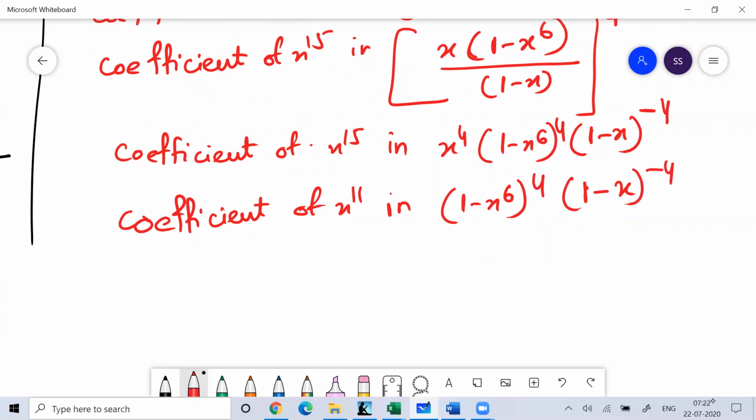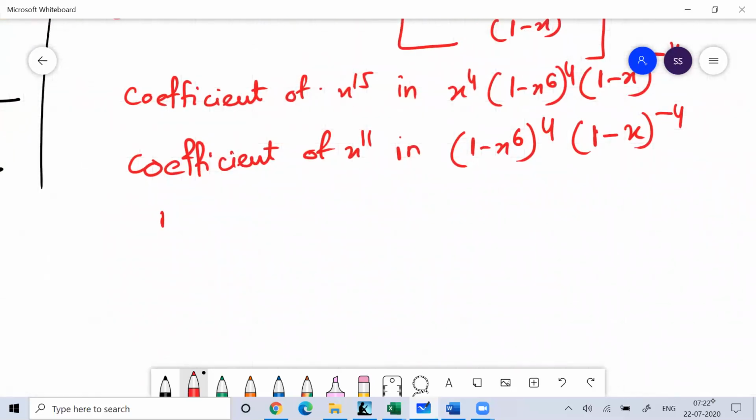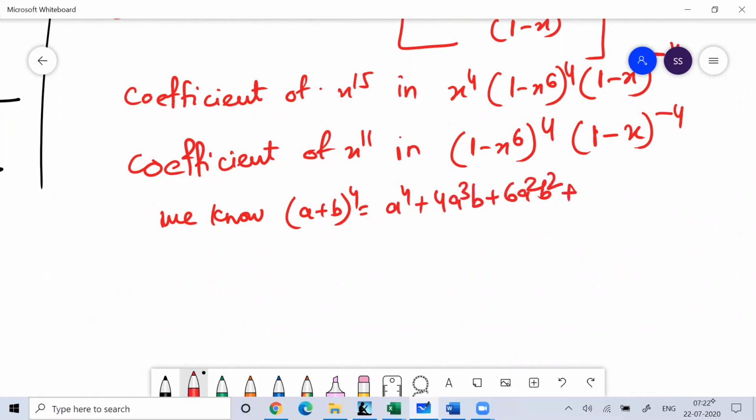Then I'll split this (1 minus x to the power 6) to the power 4. I believe we know the formula for a plus b to the power 4: a to the power 4 plus 4a cube b plus 6a square b square plus 4ab cube plus b to the power 4.